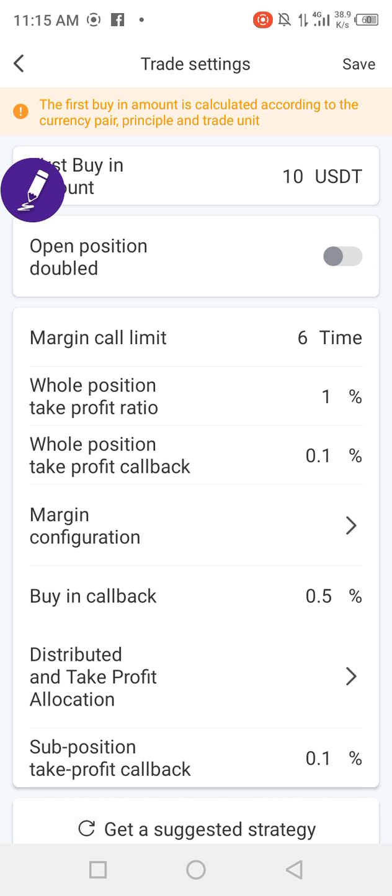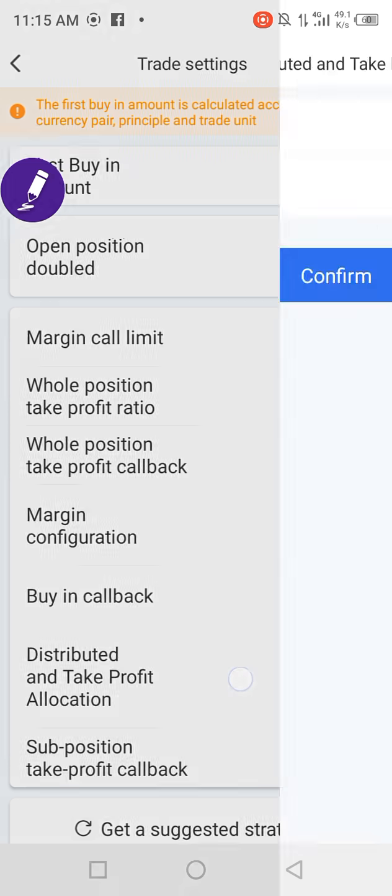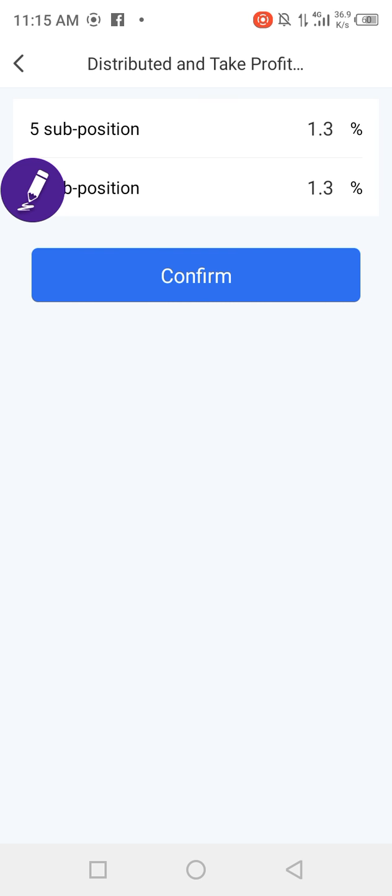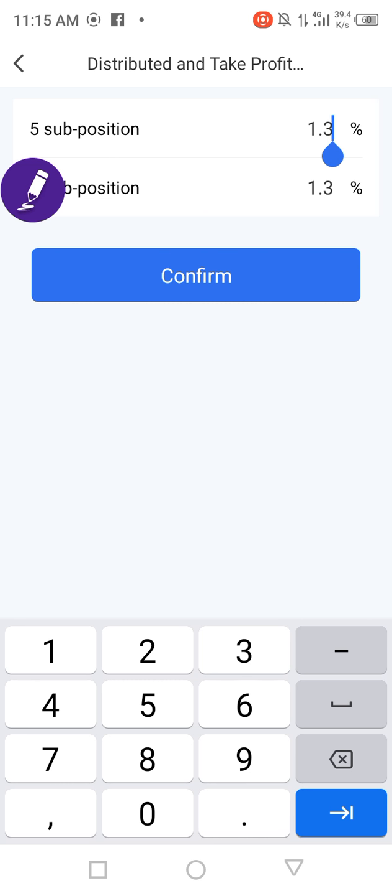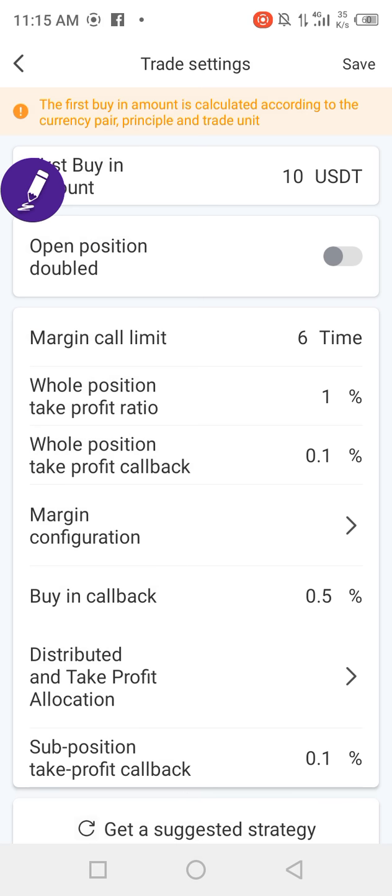It brings you back to the initial page. Then you open distributed and take profit range and set your profit range for position 5 and 6 or more. If you added more margin call limit, you can set the profit range 1.1, 1.2, or even 1, depending on your target. Okay, so the essence is to understand the concept of trade setting. Okay, let me summarize again.